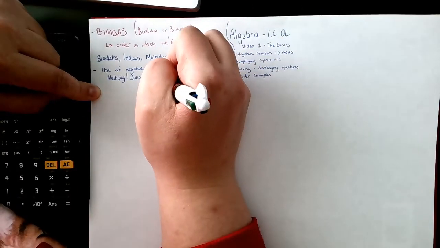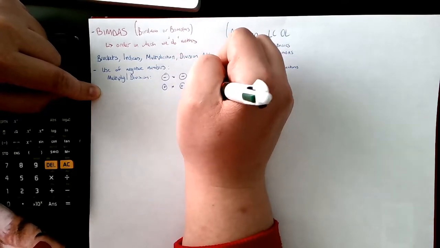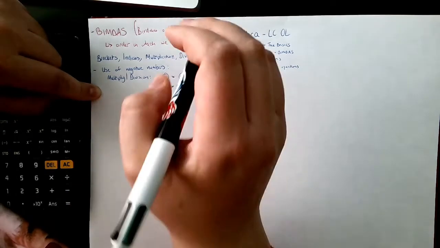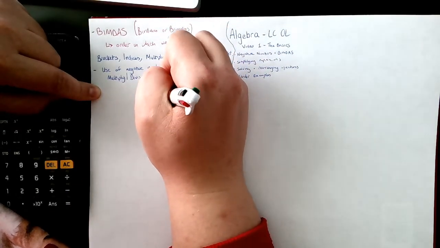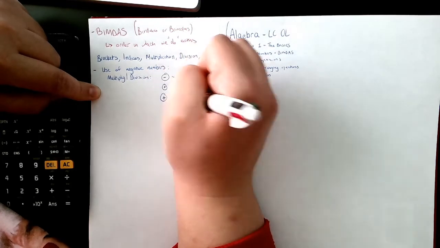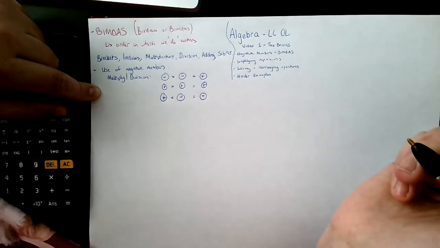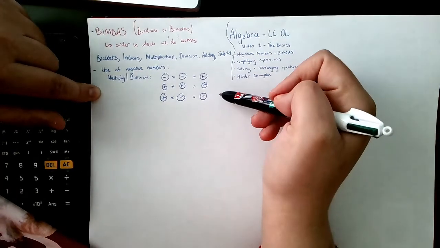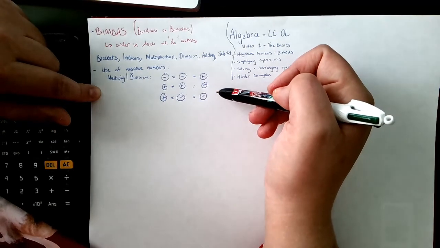If we have a positive number and we multiply it by a positive number, we also get a positive. But if we have a positive number and we multiply it by a negative number, we end up with a negative.